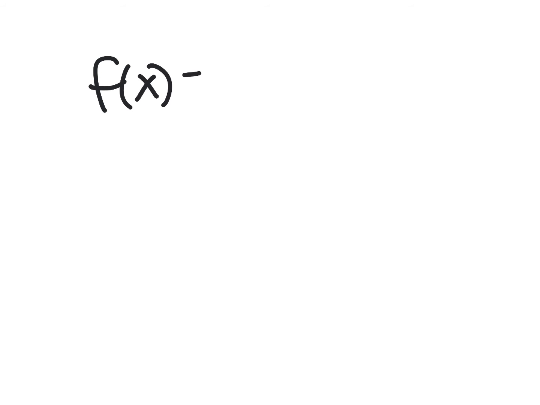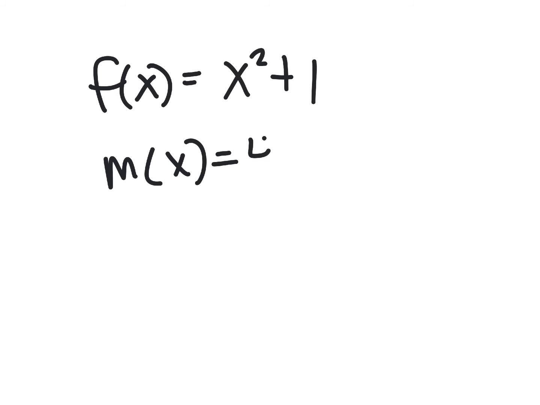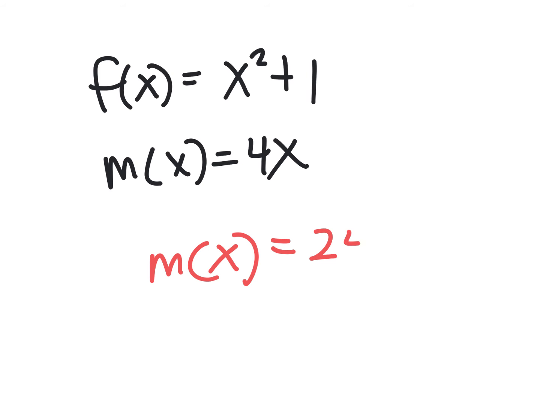F of x equals x squared plus 1, and m of x is equal to 4x. Then my question would be, what if m of x was equal to 24? Solve.